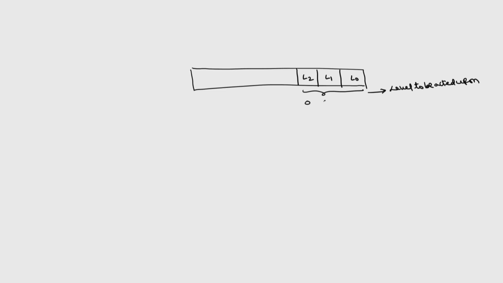So if this is 0, 0, 0 by default, IR0 level will be used; 0, 0, 1, IR1, and so on up to 1, 1, 1 means IR7. Then the next bit will be by default 0, 0, we are not going to use this.